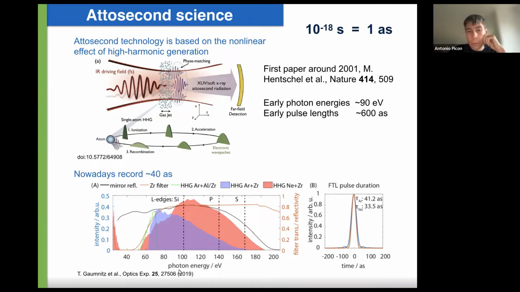For example, in 2019 they reported 40 attoseconds, while the photon energies are also going up. In this particular case they were reaching almost 200 eV. I will show in some slides later that we can really reach the soft X-ray range, so we can reach 500 eV.